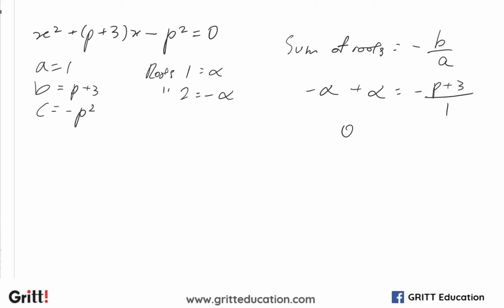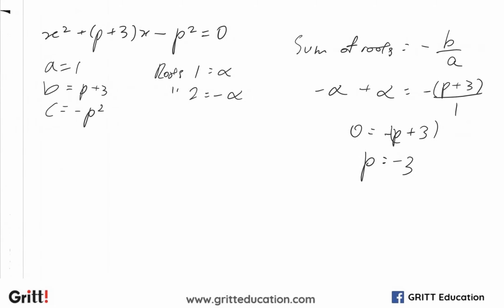So here you get 0 is equal to negative (p plus 3). Here we will get that p is equal to 3. Oh sorry, there's actually a bracket there. So with the bracket, your answer is actually negative 3. Sorry about that. So p is equal to negative 3.